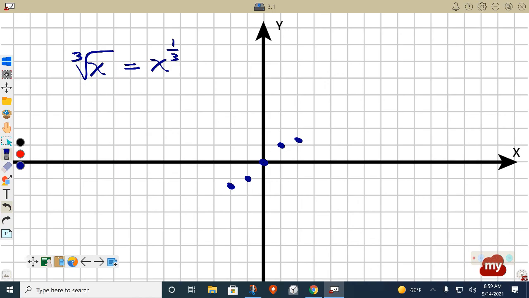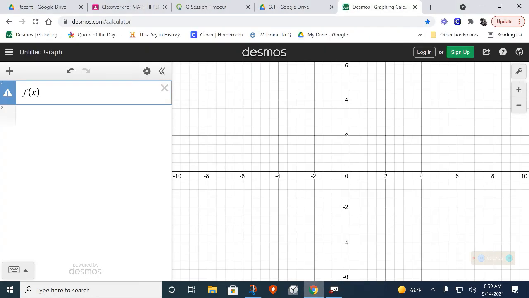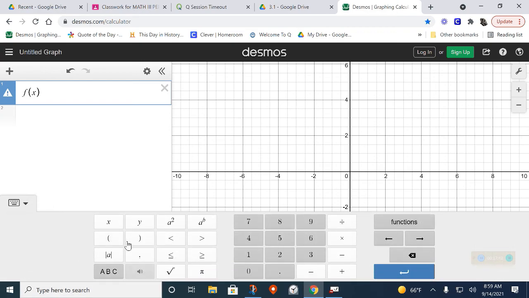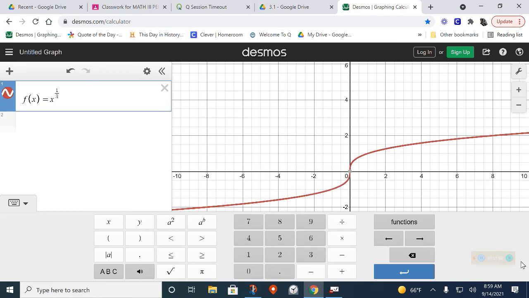It's a rational exponent. So let me punch that in. x to the 1/3 power is going to have to suffice. Okay, so it is a swirl.